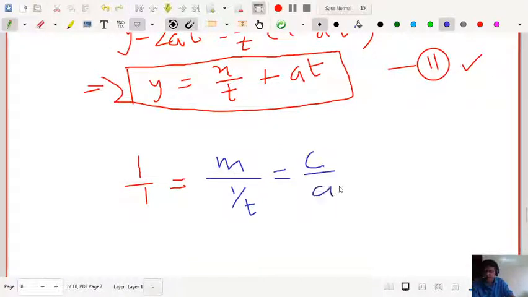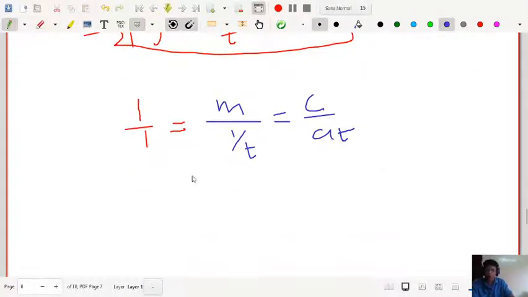by at, right? So if you now simplify, you will have t equal to 1 by m, from the first two ratios, and if you take first and last, you will get c equal to at.